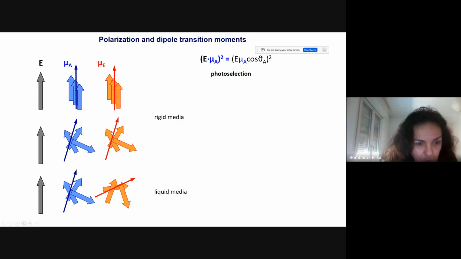So then there will also be an angle between the transition moment of absorption and of emission, and this takes care of all this reorientation.